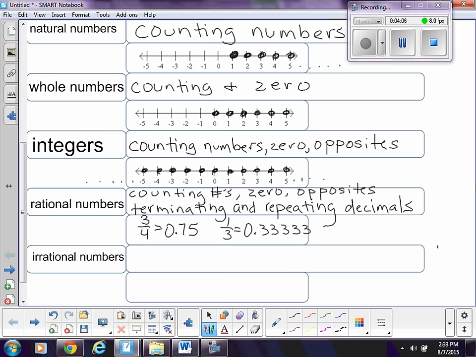The next subset of our real number system is called irrational numbers. Irrational numbers are not going to include counting numbers, 0, their opposites, or terminating or repeating decimals. So an irrational number is any number that cannot be written as a fraction with 2 integers.